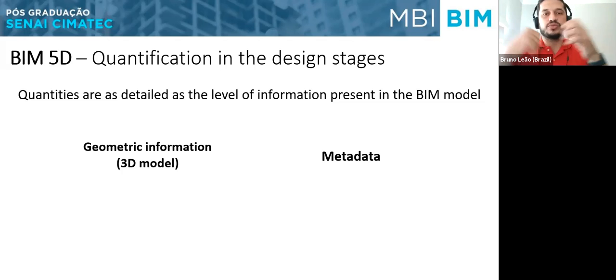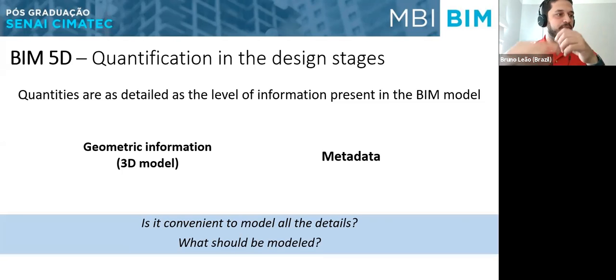But we have to ask ourselves a question. Is it convenient to model all the details? We don't want to make our model full of details or information that we actually don't need when we are talking about BIM 5D or a budget model. So, what should be modeled?